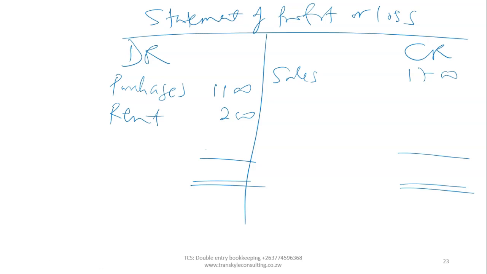So what happens here? The larger amount is 1,700, which should appear on both sides, and then we get the balance here. I want you to give me the name of this balance. It is not the balance brought forward.